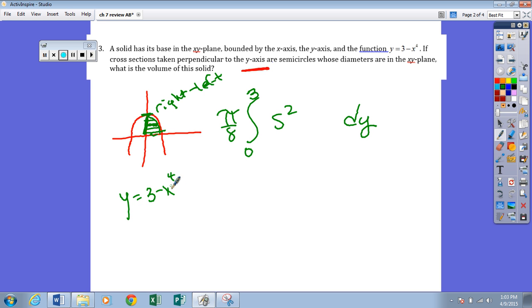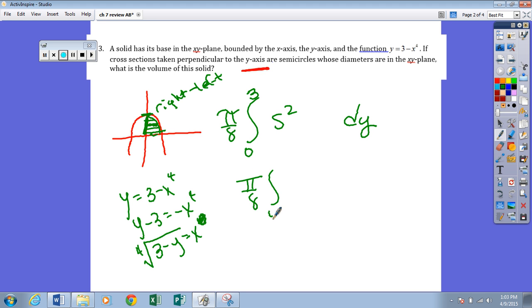but I really need this in terms of y. So I'm going to rearrange this. And I need the x by itself, so I'm going to take the 4th root of that. So this is how I could express my function. So it's just going to be pi over 8, integral from 0 to 3. These are the y bounds.